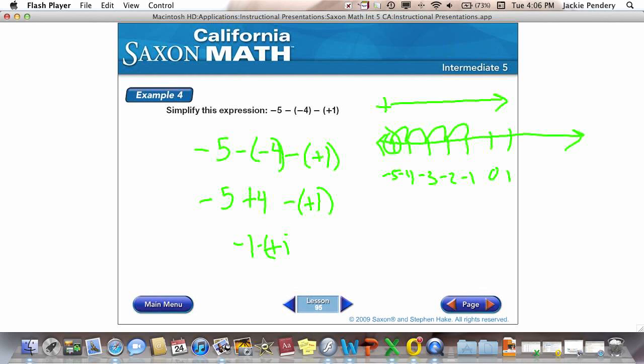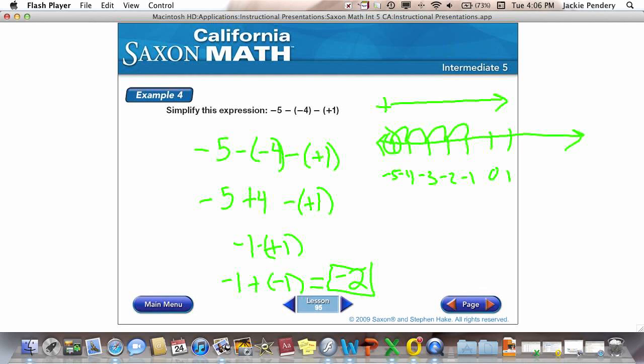Minus positive 1. Instead of subtracting a positive, I'm going to add a negative. Plus negative 1. And negative 1 plus negative 1 equals negative 2. And here is my answer to example number 4.